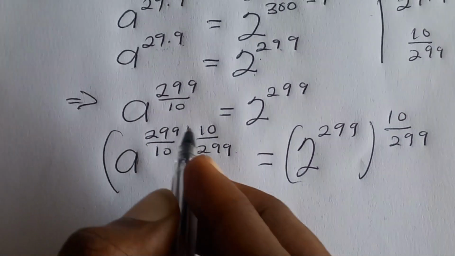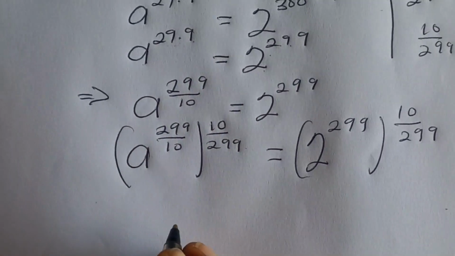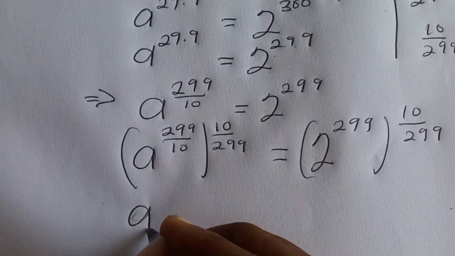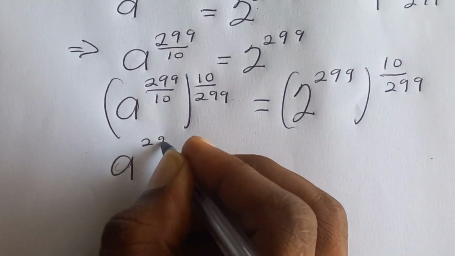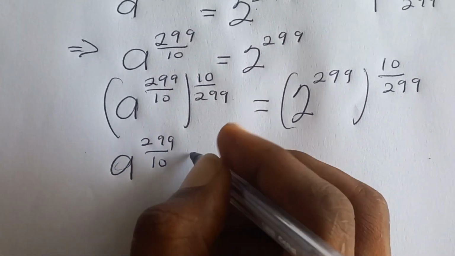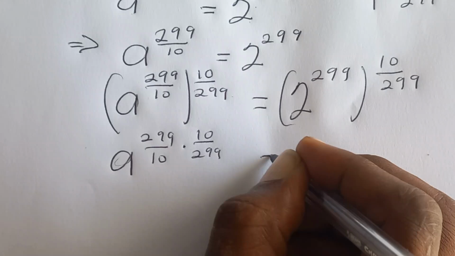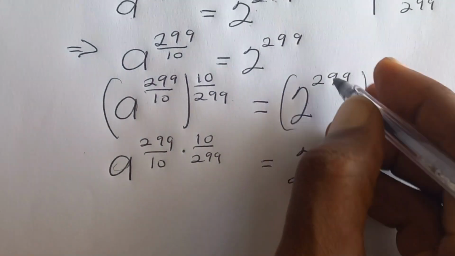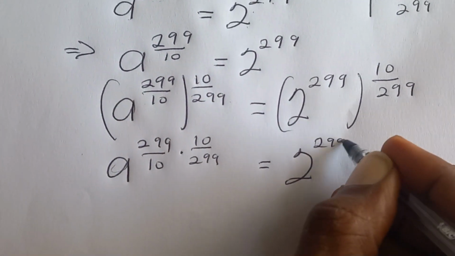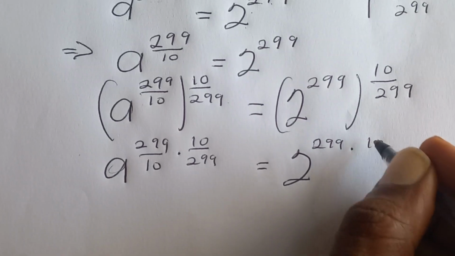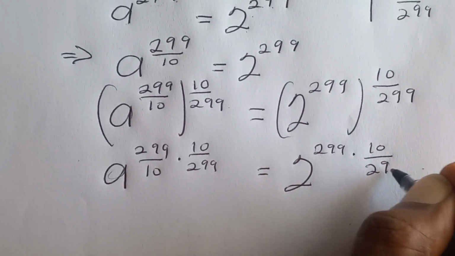So in this case, we are going to get a exponent 299 on 10 multiplied by 10 over 299, which is equal to 2 exponent 299 multiplied by 10 on 299.